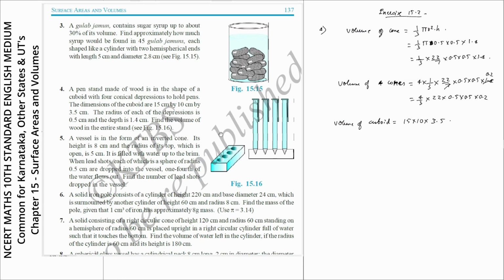Therefore the volume of stand, this I'll mark as 1, this I'll mark as 2, is nothing but 2 minus 1. So what is 2? 15 into 10 into 3.5.